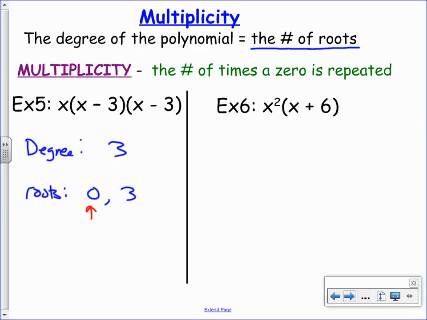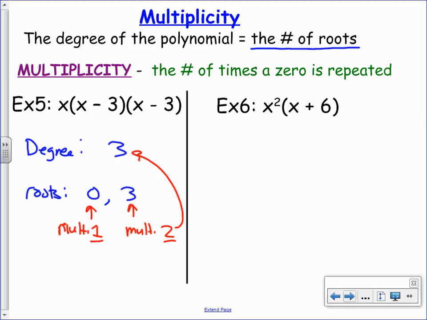So 0 has a multiplicity of 1. And 3 has a multiplicity of 2. What's 1 plus 2? 3. Whoa. 3. I know, right? Crazy. Mind blown.